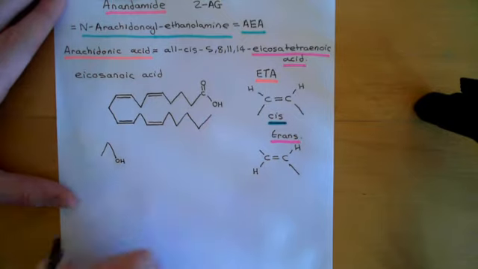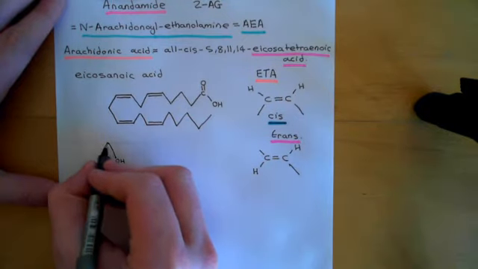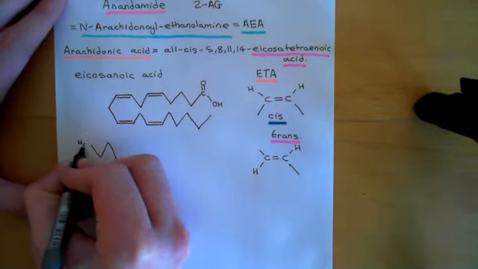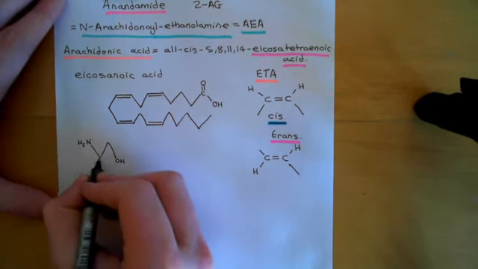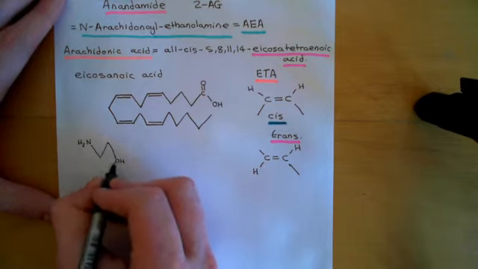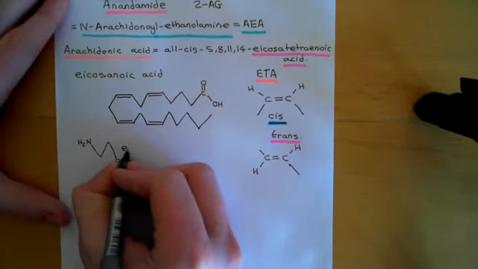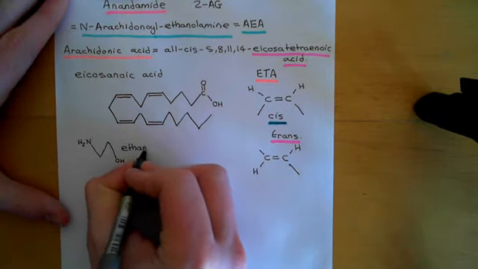Here is the alcohol group coming off one of the carbons. And then to turn it into ethanolamine, you just need an amino group coming off the other carbon. So 2 carbons, one of them has an alcohol group coming off, one has an amino group coming off. So this is the structure of ethanolamine.